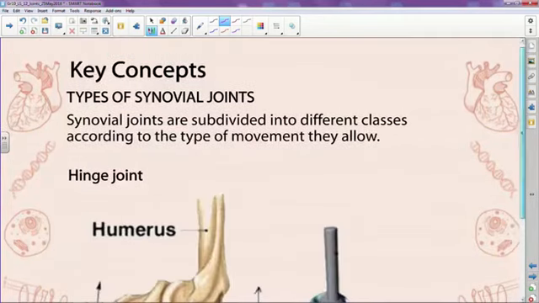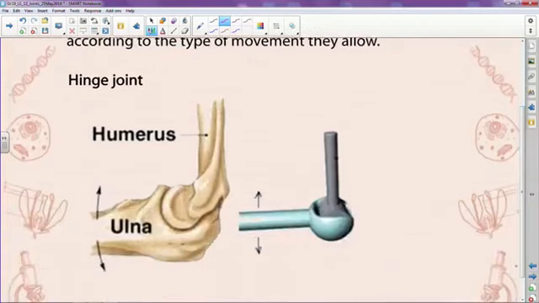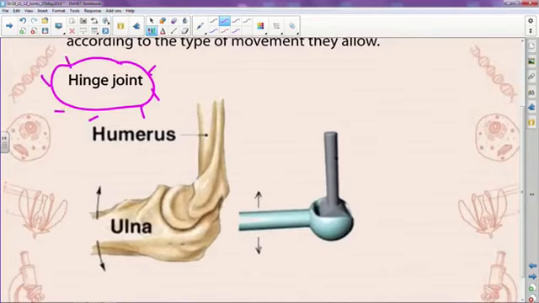The second one is a more popular one. There are some joints that are more commonly asked than the others, and the hinge joint is one of those. The hinge, like the hinge of a door, and the example is your elbow.